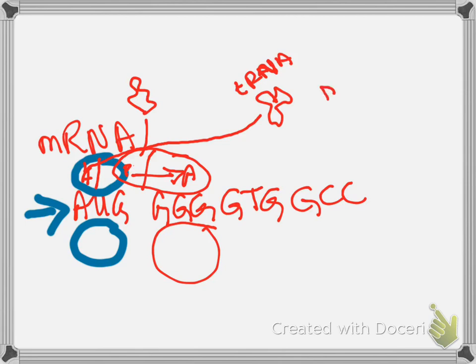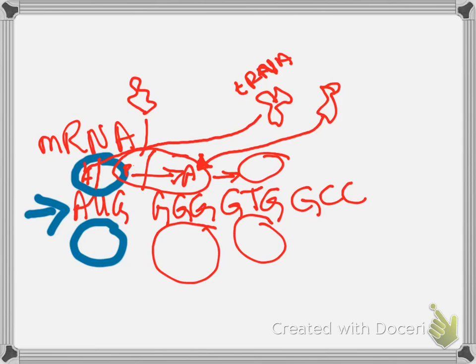And so the next amino acid with transfer RNA gets deposited in the A site. And then the ribosome moves down. That A site where the amino acid is becomes the P site. And the next amino acid gets added in the A site. So the A site is where your charged transfer RNA adds your amino acids in translation.